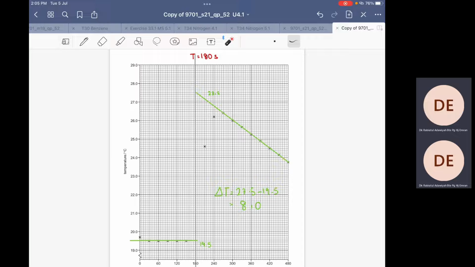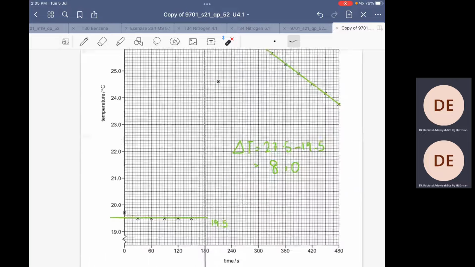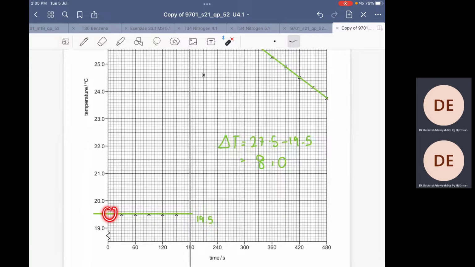The anhydrous magnesium sulfate was not added when the timing started. So this is where the time was started at 0. There's no changes, so that must mean you haven't added magnesium sulfate yet. We wait for a while so that the temperature of the water in our styrofoam cup or in our beaker is the same as the room temperature.